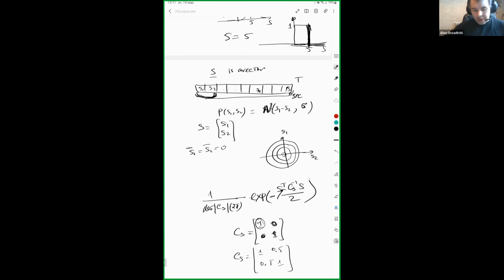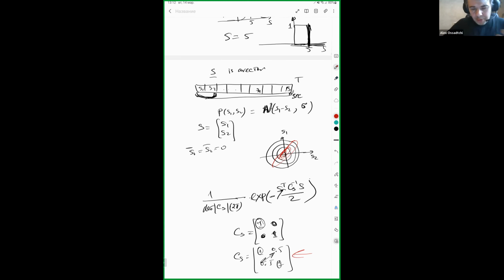It says that the variances are 1, but they are also dependent, kind of talking to each other. You have covariance 0.5 between them, and in this case your distribution would look like this. It will show that there is some dependency between S1 and S2.